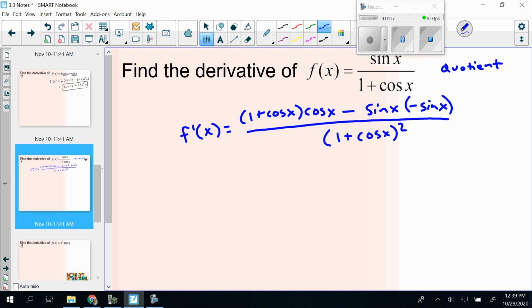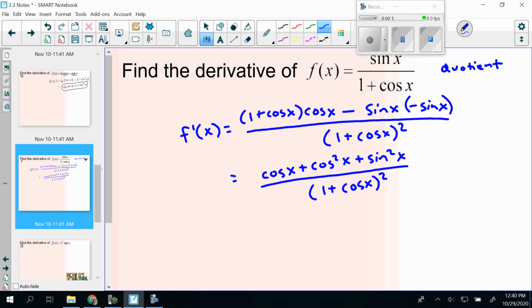All right, so now if you can simplify this, simplify it. Let's distribute that cosine on top, so that'd be cosine x plus cosine squared x. Negative sine times negative sine would be positive sine squared, all over 1 plus cosine x squared. Here, it kind of looks like maybe we're done, but we got our good old friend here again, cosine squared plus sine squared. We should know that one, that equals 1.